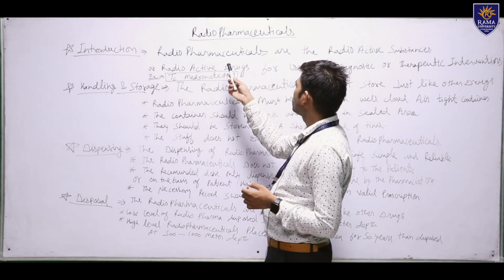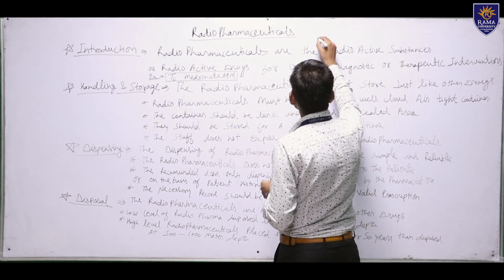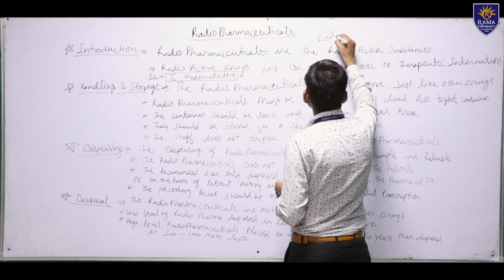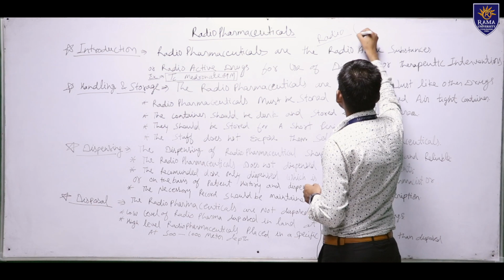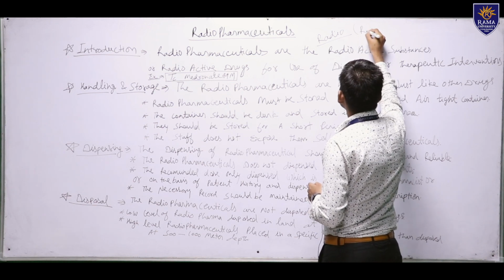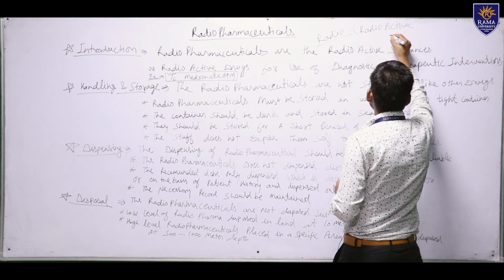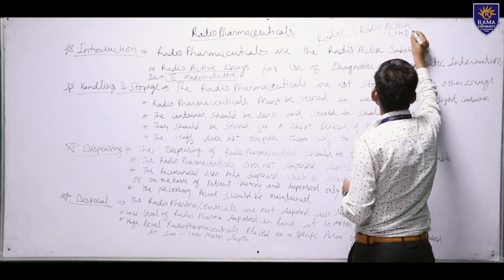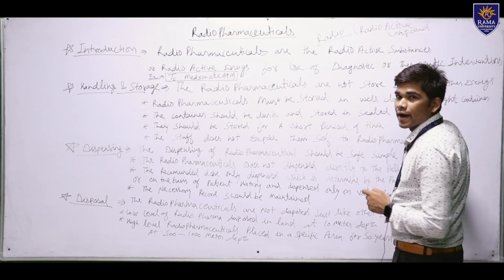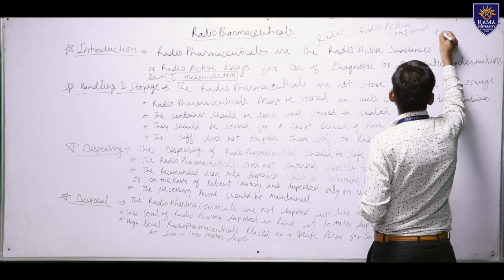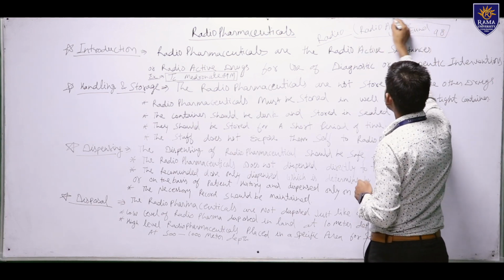Radiopharmaceuticals are made of two words. Radio means radioactive compounds, those above 98 in the number of the periodic table.